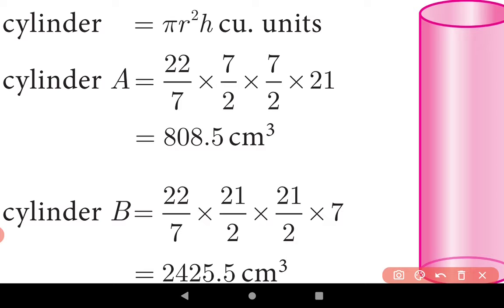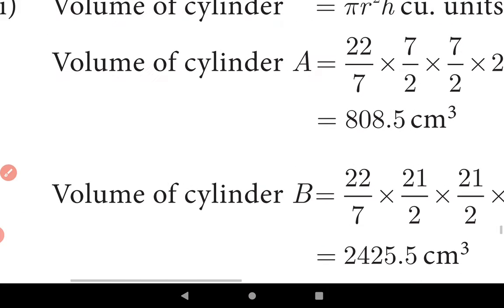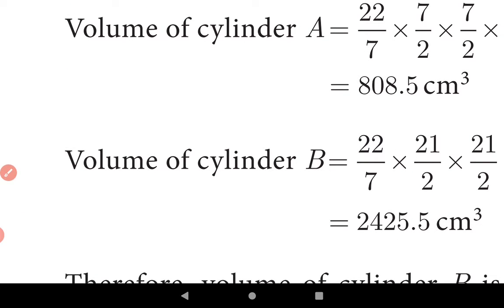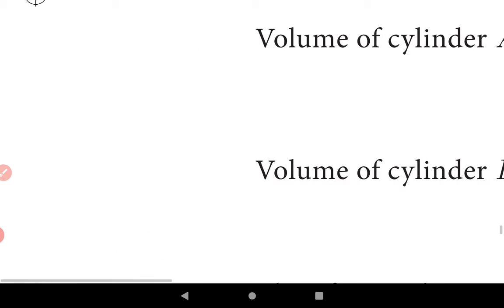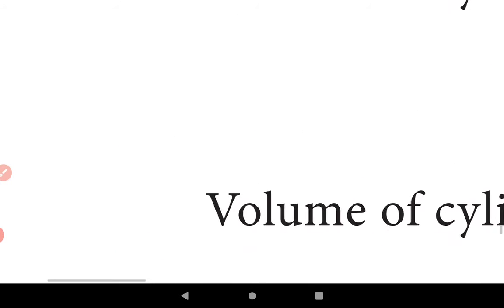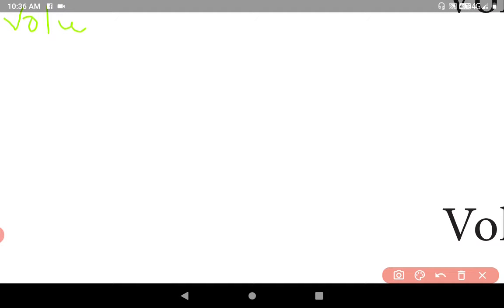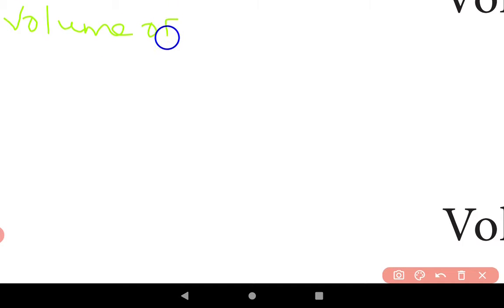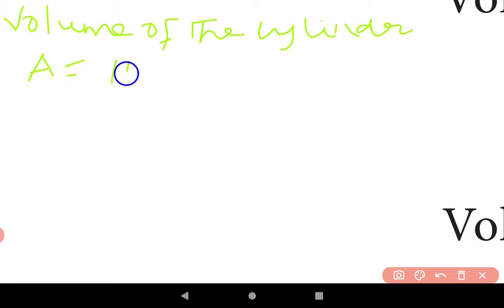So we'll solve this in detail here. Volume of the cylinder A is equal to pi r squared h.